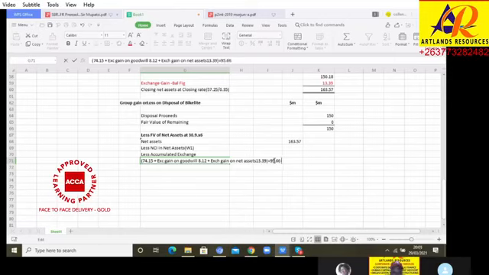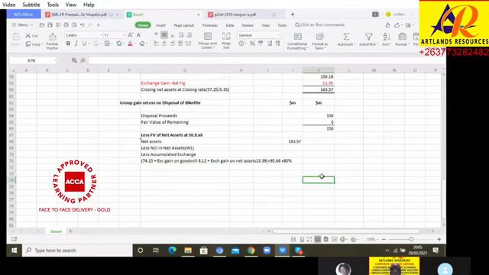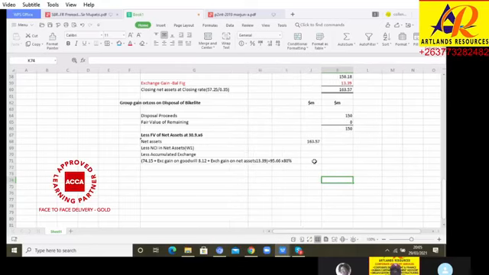I then multiply this by 80%, because it's apportioned between parent and NCI. So what do I get? It's apportioned between parent and NCI. So I'm getting equals minus 95,66 times 0.8.